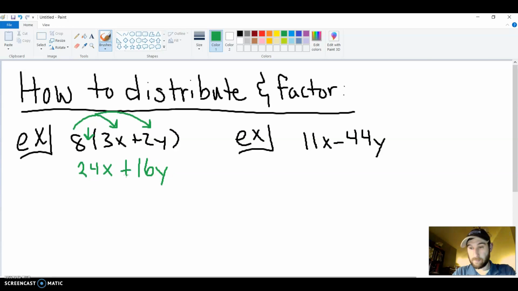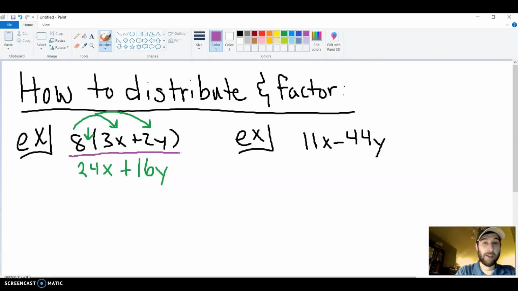Now, that's it. We distributed. The piece that I want to talk about next, though, is imagining that we don't have the previous step. Let's ignore that previous step and really just look at 24x plus 16y.